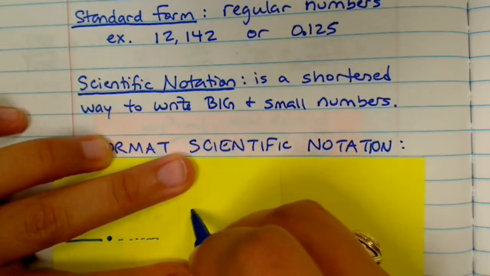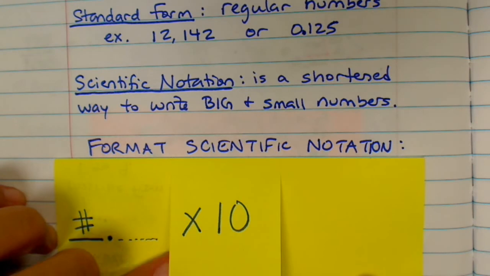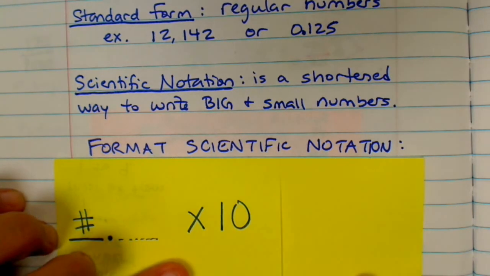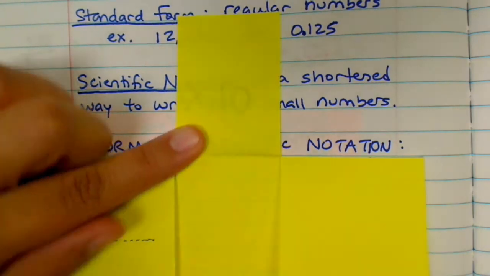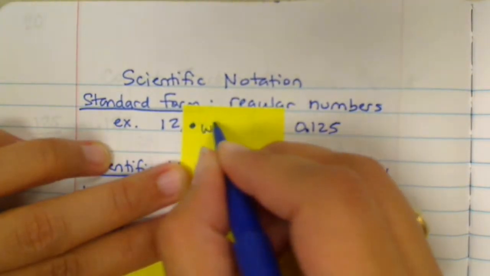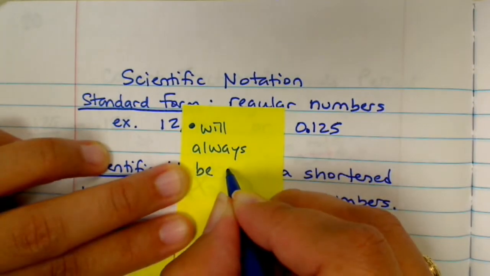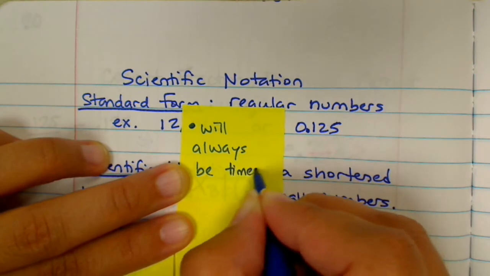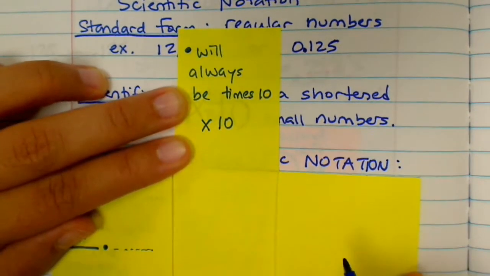It will always be times 10. So in that second flap on the outside, go ahead and write times 10. On the top part of the flap, we're going to write will always be times 10. If it's not times 10, it's not in scientific notation.